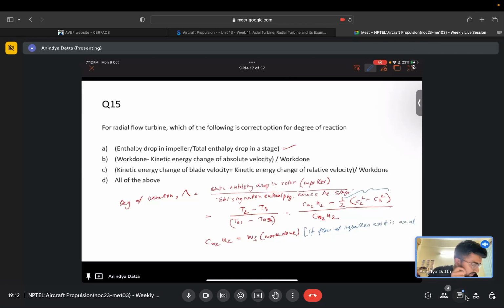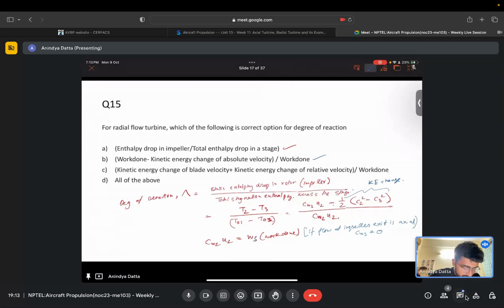So if the flow at impeller exit is axial, CW3 is equal to 0, and the work done is just equal to CW2U2. Okay, and this half C2 square minus C3 square is our kinetic energy change, right? So what we get in this other expression is the work done minus the kinetic energy change based on absolute velocity in the numerator, and again work done in the denominator. Okay, so option B is also correct.